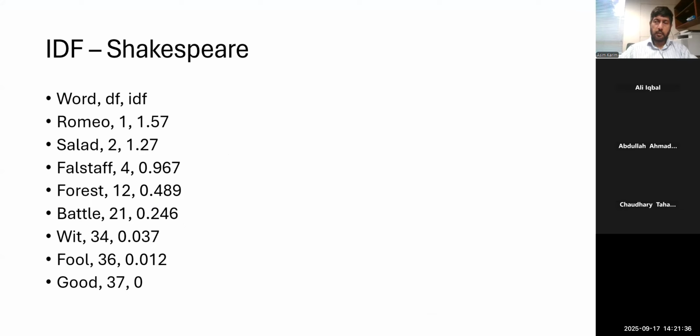So the word Romeo occurs in just one writing or one book, and so its IDF is obviously large. Forest, for example, occurs in 12, so it has a much smaller IDF. Battle occurs in 27, it's even smaller. So the word good, for example, occurs in all the writings, so it has an IDF of 0.